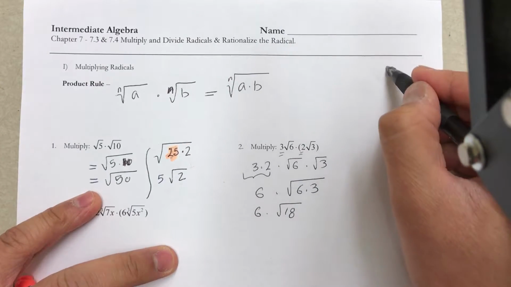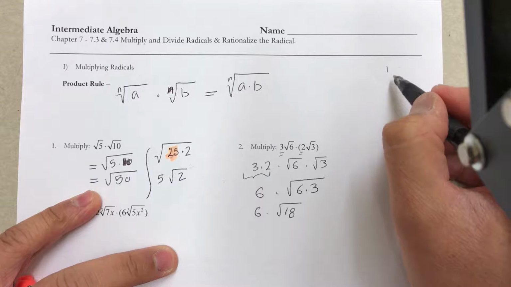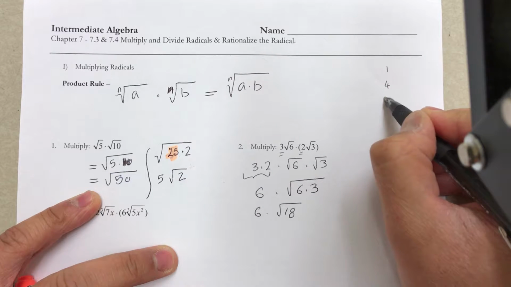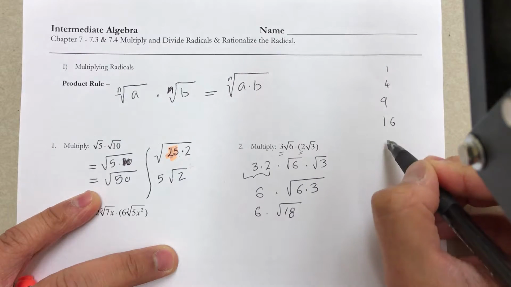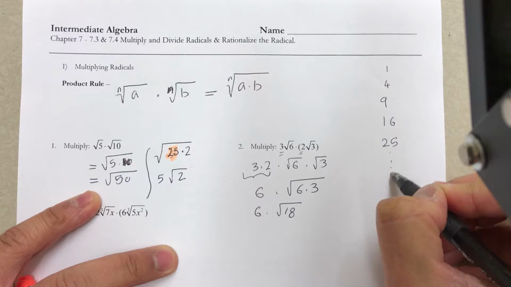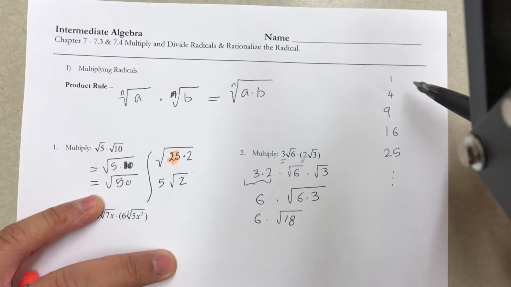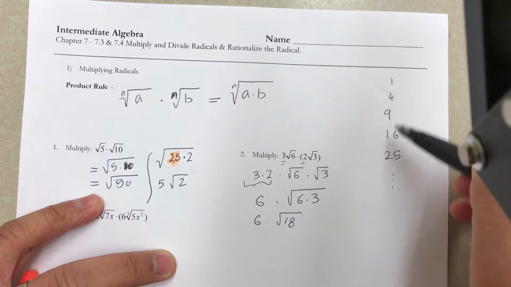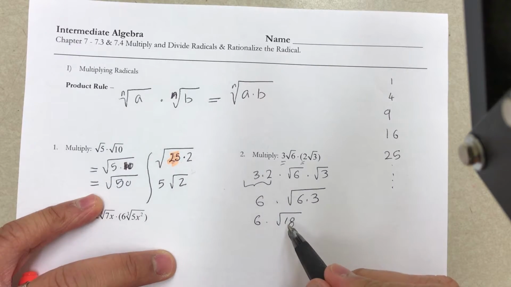Now, don't forget about the list of perfect square numbers, which are these, and so on and so forth, right? So ask yourself, what is the largest perfect square that goes into 18?